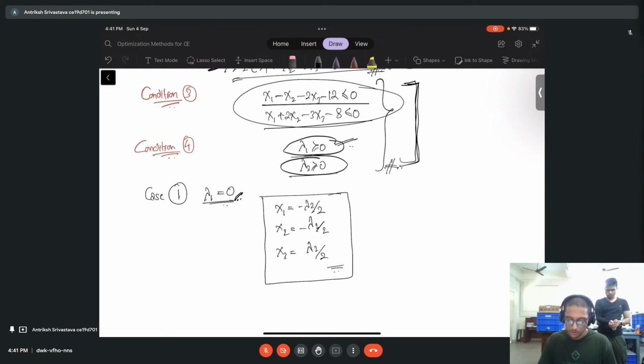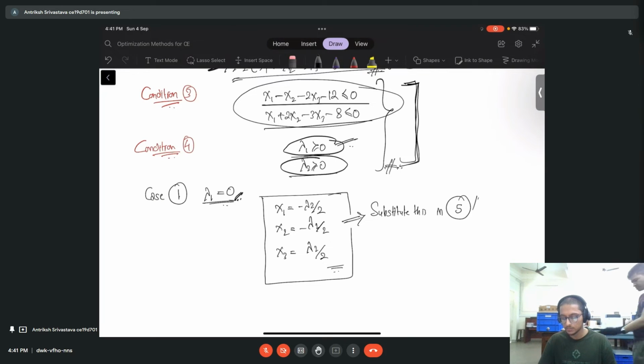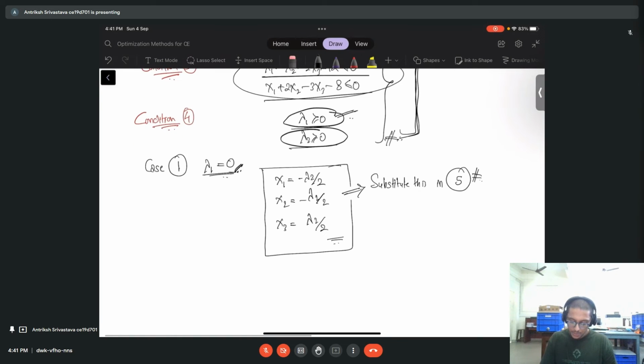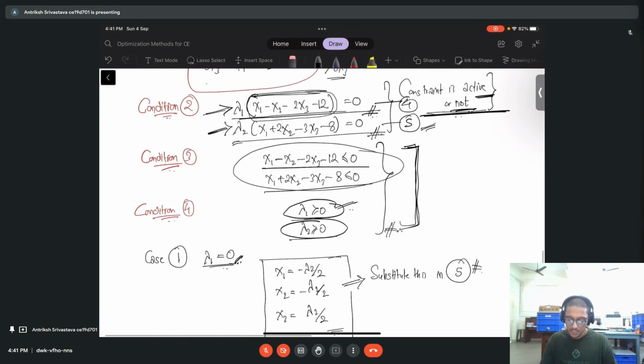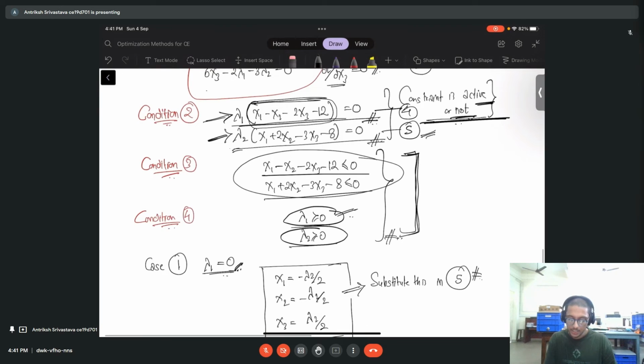Now we substitute this in equation number 5. You can see it is nothing but the second Lagrange multiplier, lambda 2, into the second constraint, equal to 0.